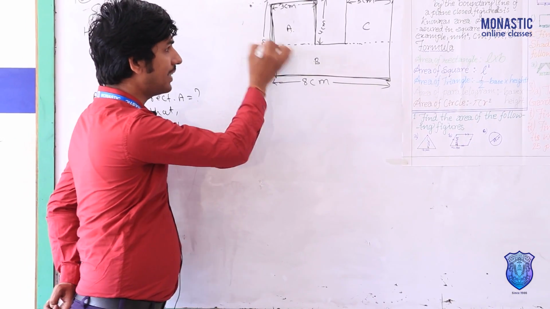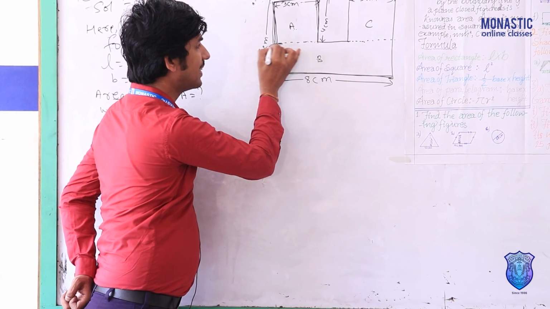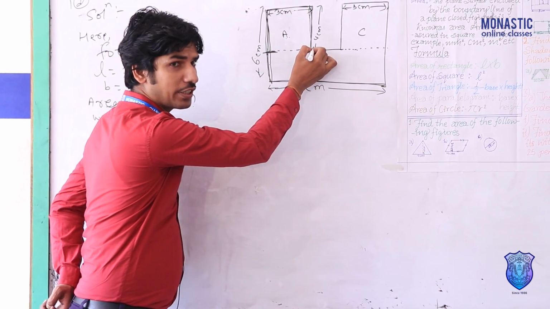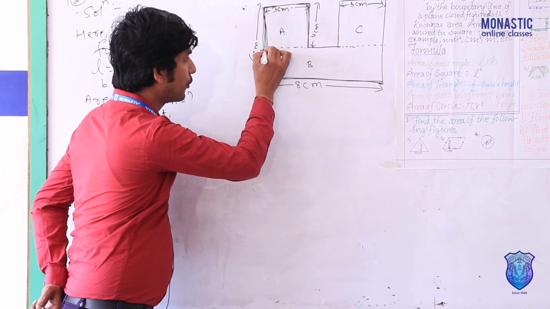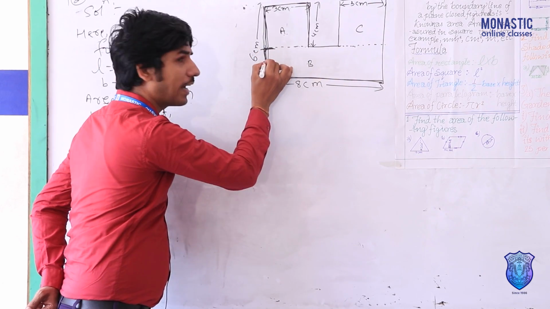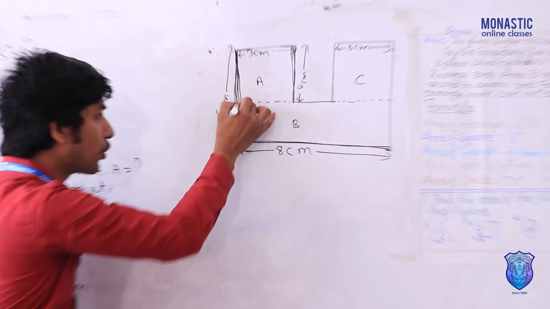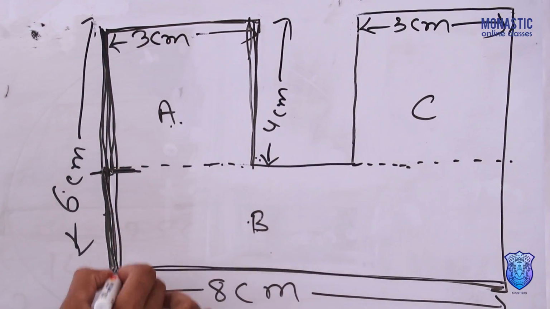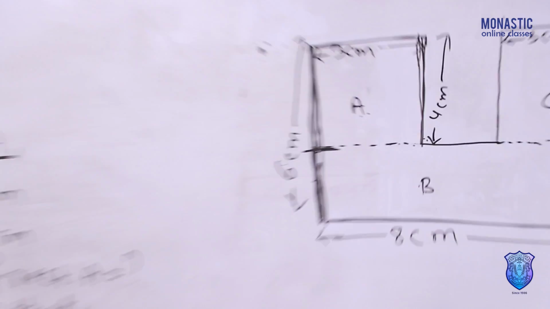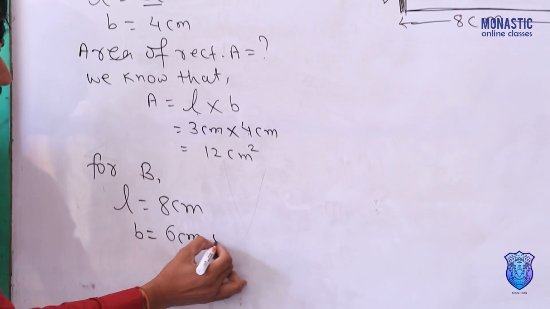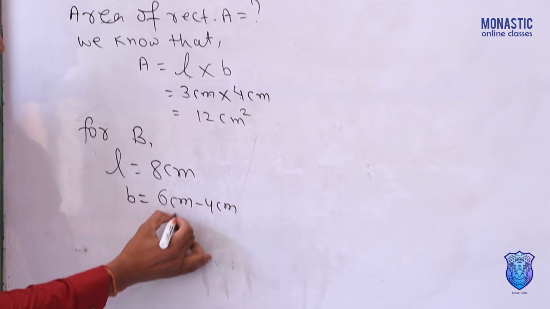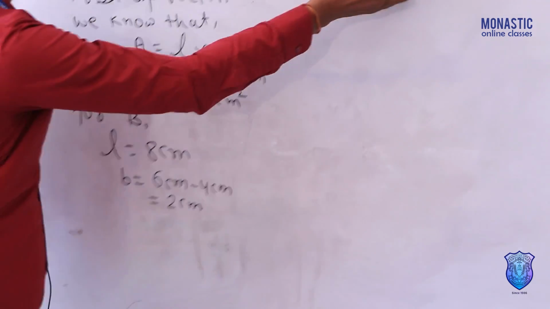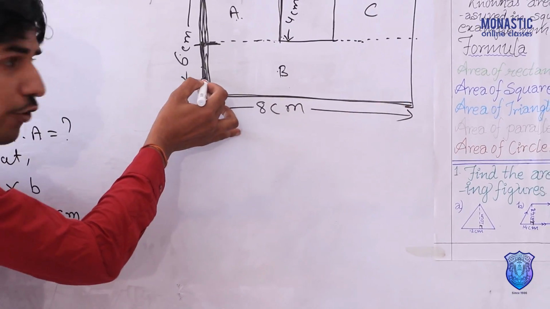In this total 6 cm, this much length is 4 cm. To find this part, what to do? This total minus this length, and this part will easily come. That's why I take 6 cm minus 4 cm. That is 2 cm, which is the breadth for B.